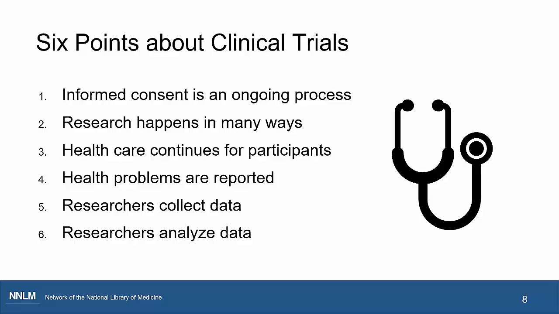Researchers may need to collect data from participants many times or only a few times. Different countries have different rules about how researchers can use each type of data they collect. In the US, informed consent documents will often include a statement on what researchers plan to do with participants' data and how the data will be maintained and stored.